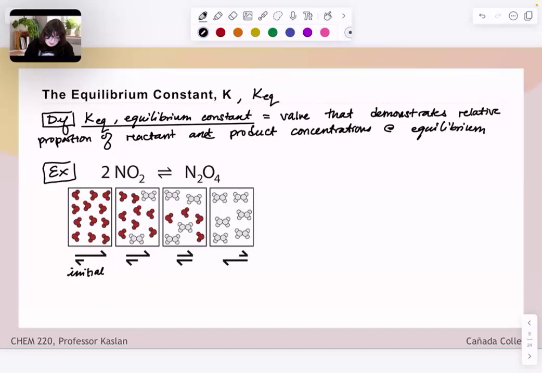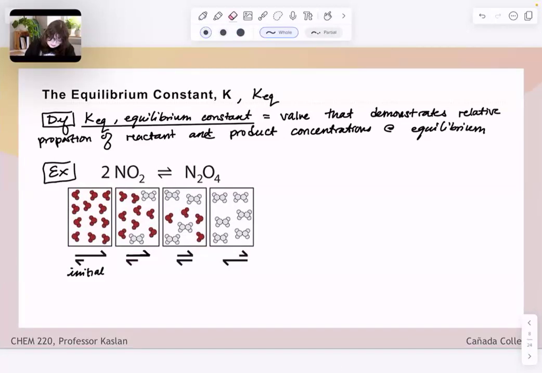The next box, this one here, is looking a little bit further down the line in the chemical reaction. We've begun to form some product, N2O4. However, we are still in the process where we have a larger forward rate than we do reverse rate. So we have not yet achieved any state of equilibrium.